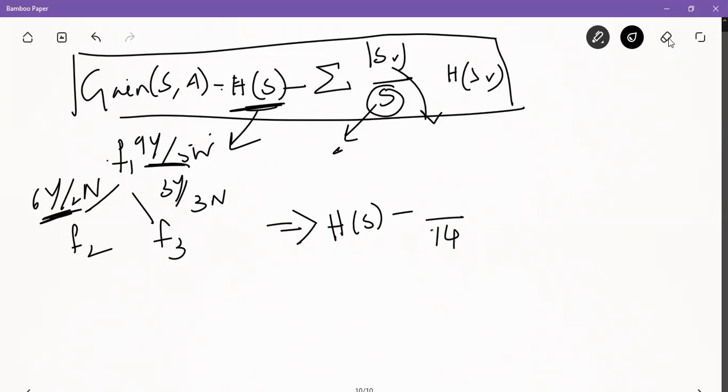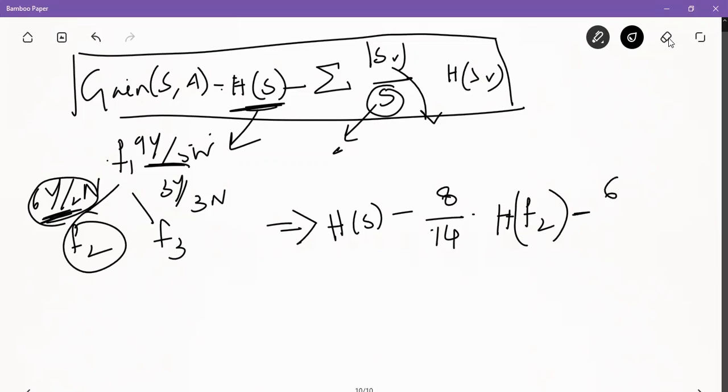And the number of samples here is 8. That will be for the first case, and for H(F2), which means here, it will be 6 because 3 and 3, sorry, here, by 14. And it goes on, H(F3). However many splits you have, you take that many cases and take the sum of all of those.